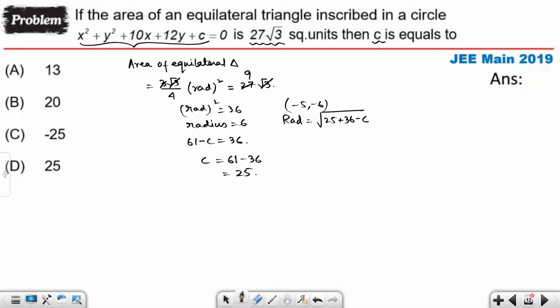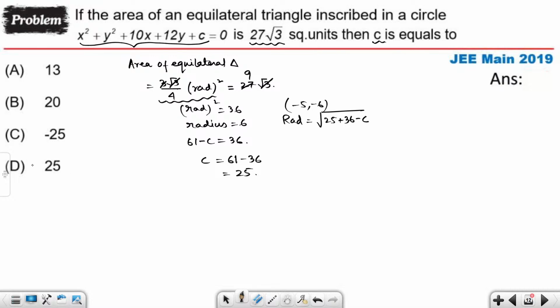Have you understood this or not? See how simple the thing will become if you know the formula. Otherwise, this you have to find out. This you have to prove sitting in the examination hall. That is why people used to say that your paper is lengthy. Right? So remember this and the thing will be easy.